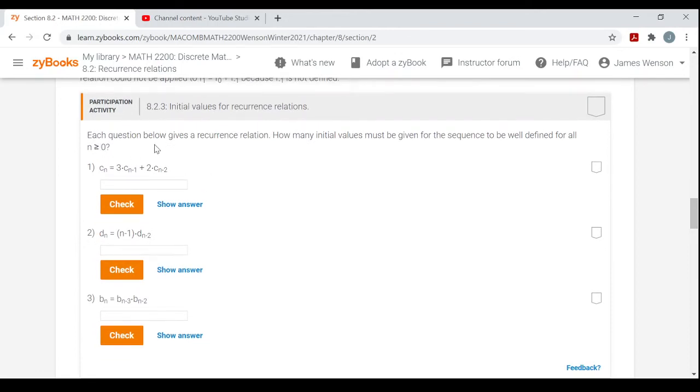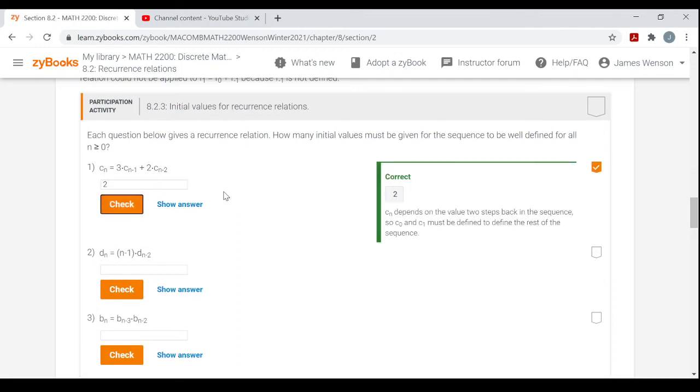So each question below gives a recurrence relation. How many initial values must be given for the sequence to be well defined for all n greater than or equal to 0? So again, you see here, they're saying Cn equals 3 times Cn minus 1, that's the previous term, plus 2 times Cn minus 2, that's 2 terms prior. So I need 2 values given to me.